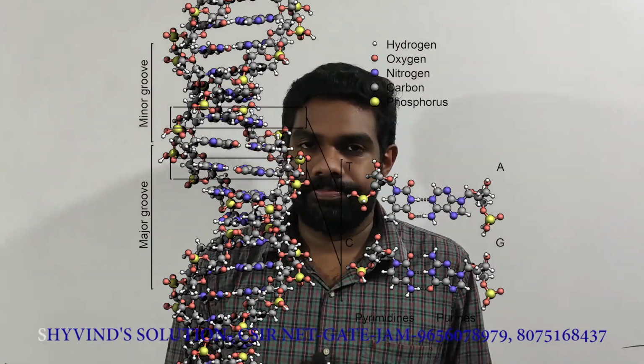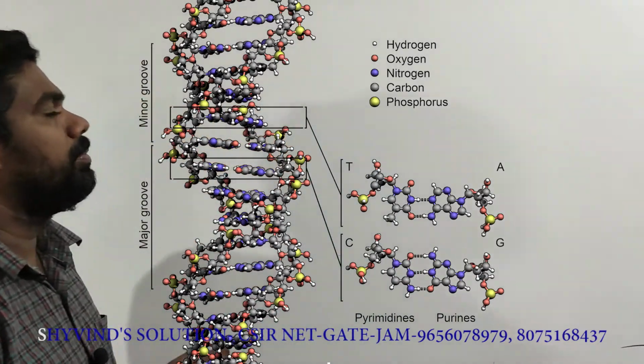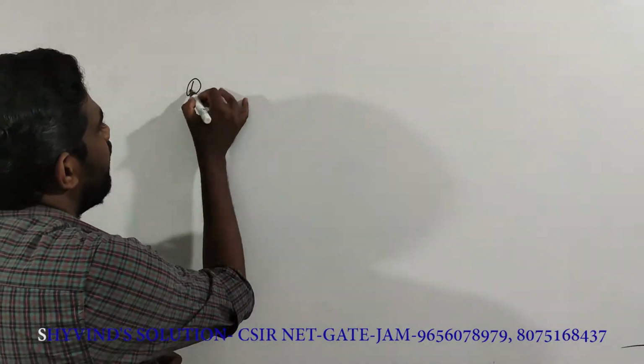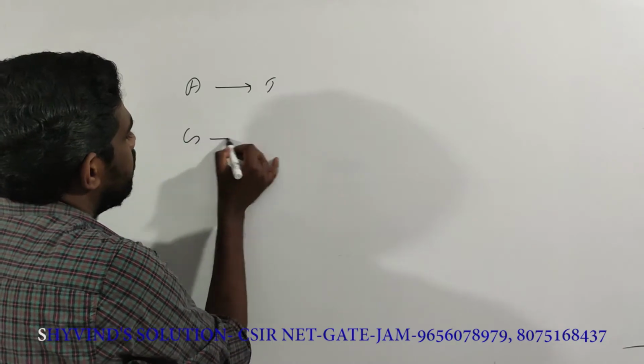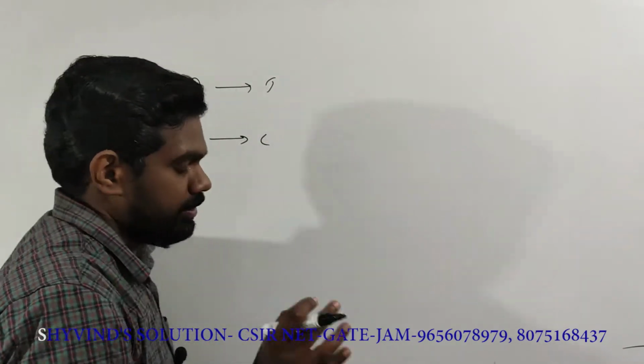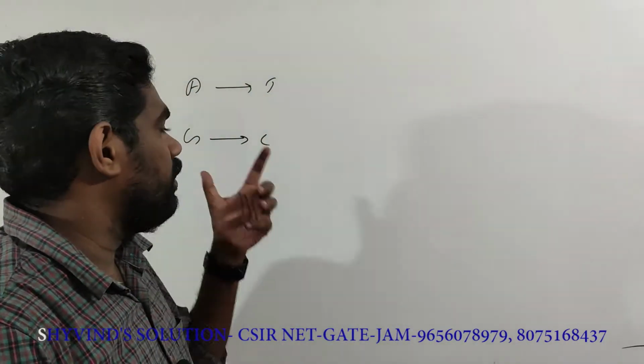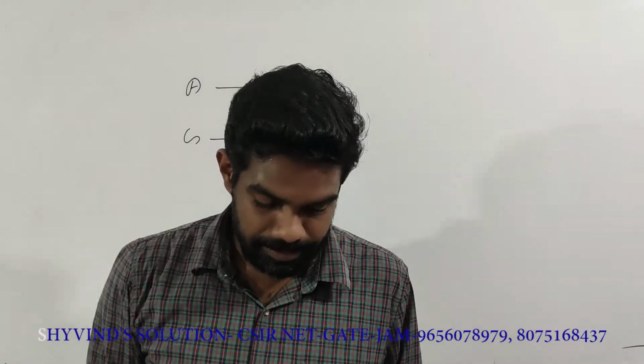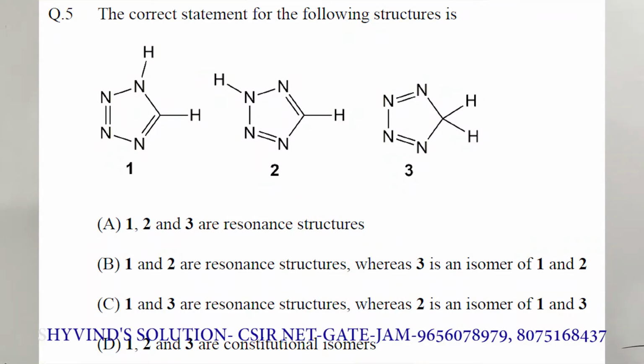The easy thing to remember is A, T, G, C. Remember these letters, A, T, G, C. Adenine always forms a bond with thymine and guanine forms a bond with cytosine. So the answer is option B, uracil. Uracil is not found in DNA. Option B.